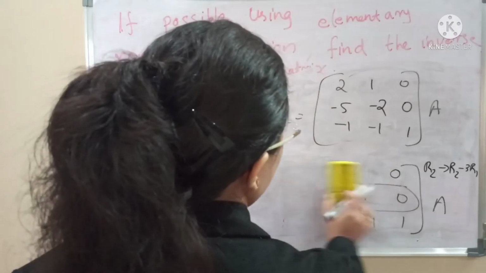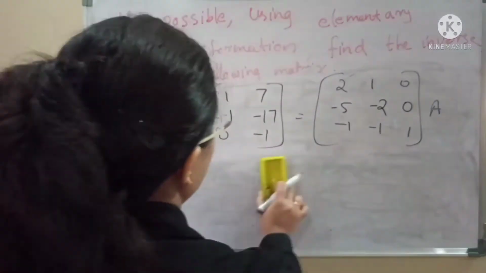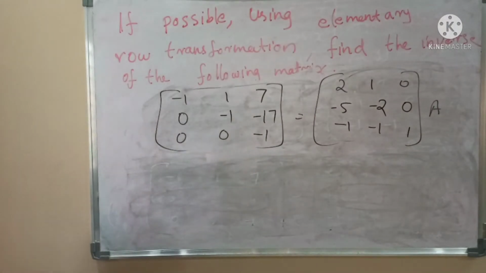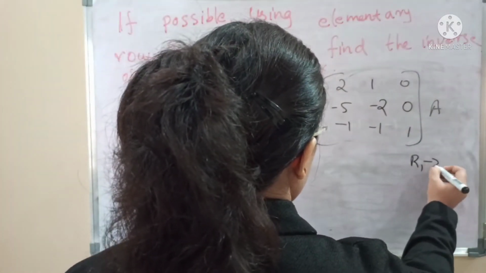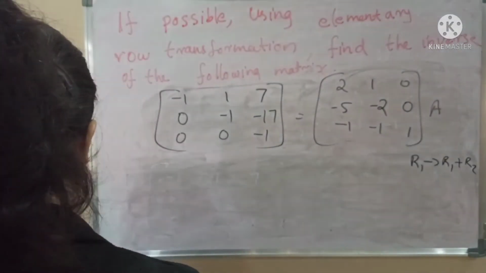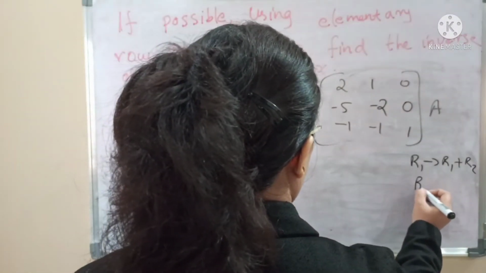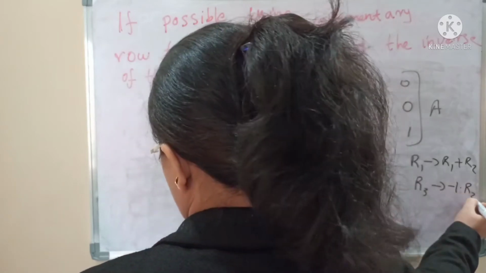So we are almost at the identity matrix. The next transformation is R1 to R1 plus R2, then R3 to minus 1 into R3.